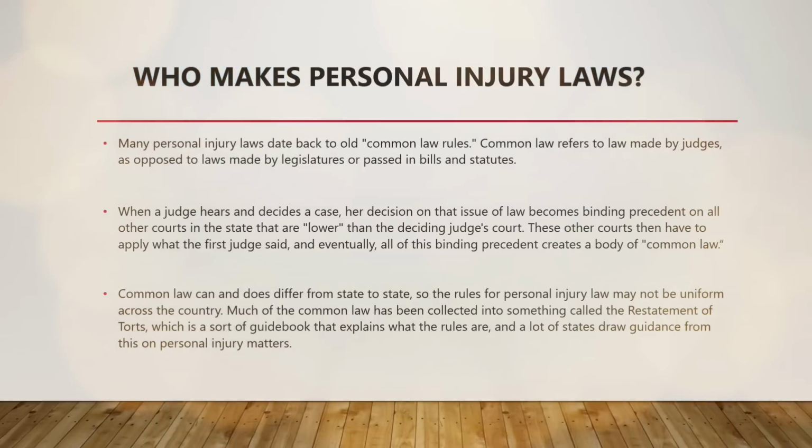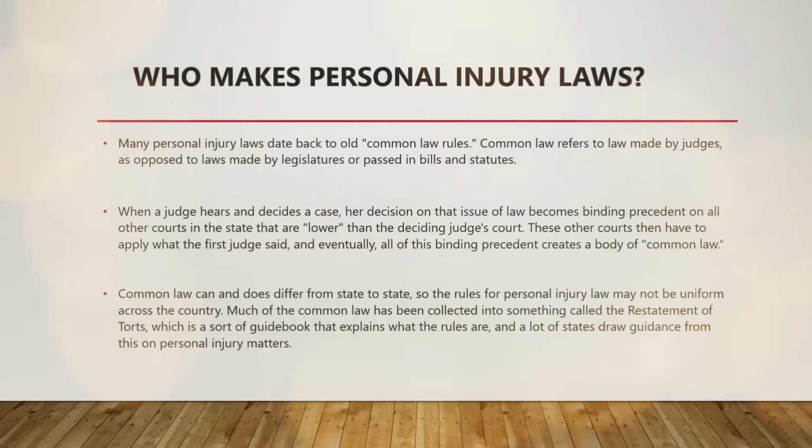These other courts then have to apply what the first judge said, and eventually all of these binding precedents create a body of common law. Common law can and does differ from state to state, so the rules for personal injury law may not be uniform across the country.